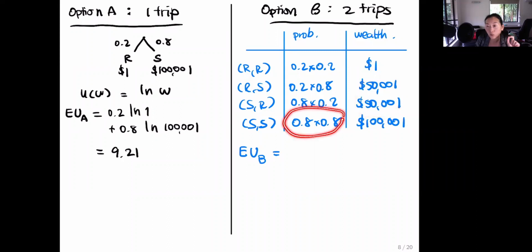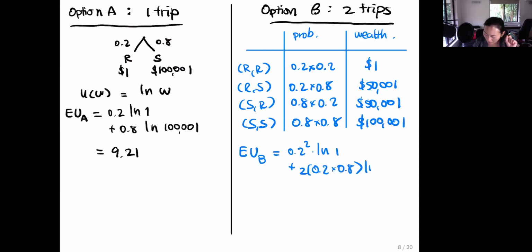Plus 0.8 squared times log of 100,001. And that should be 11.